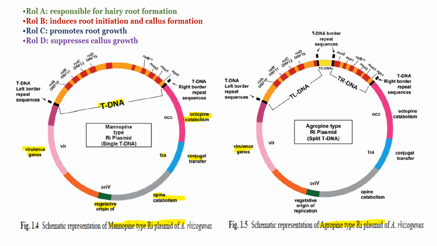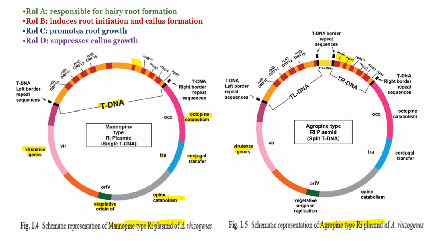The rol A, B, C, D genes are the same on the left side, while on the right side there are different genes. Here we have auxin genes also, which we cannot see over here. That's why we have two different types of RI plasmid based on the presence of genes in their tDNA.